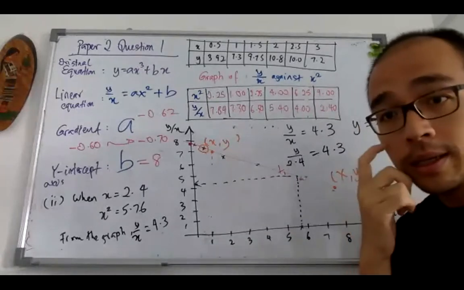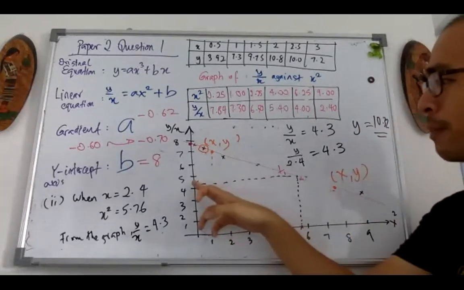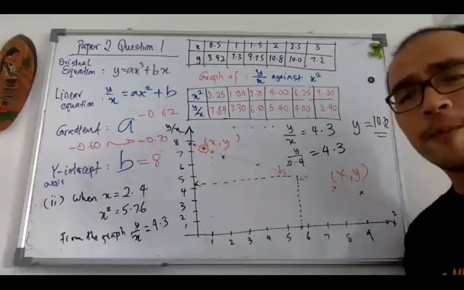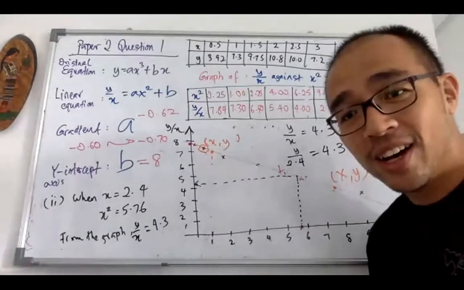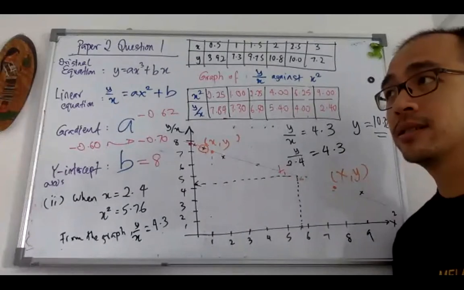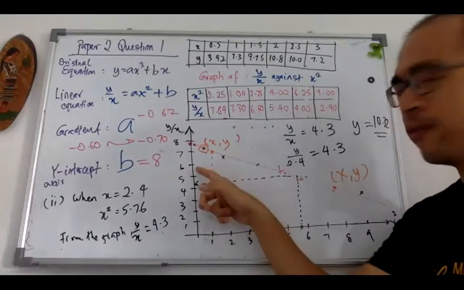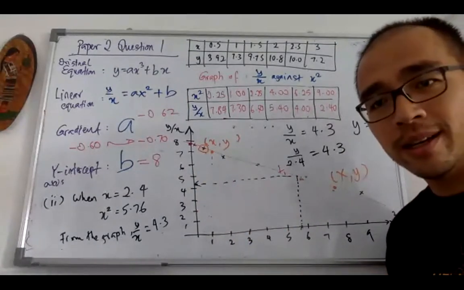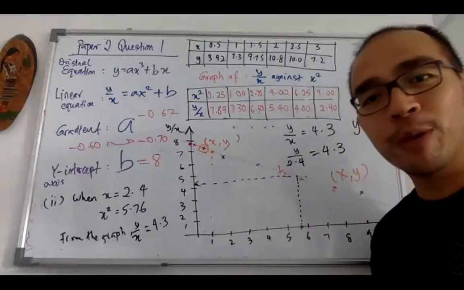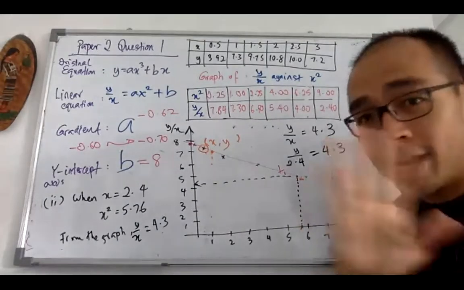Macam mana kau dapat 4.28 dari graph? Oh, I don't understand. How can you get 4.28? There are 10 small kotak between 4 and 5. Macam mana kau dapat 4.28? Tidak boleh agak-agak.